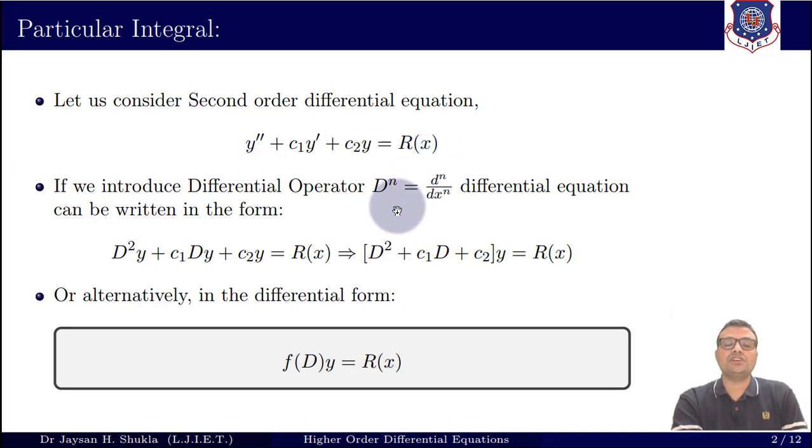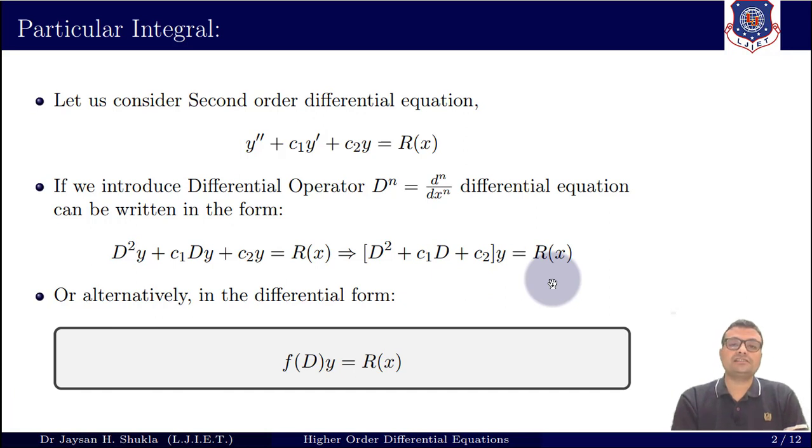If we define the differential operator d by dx as capital D and nth order derivative by power n, then we can find the operator form of this equation as D square y plus c1 D y plus c2 y equals r of x, which can be converted further into D square plus c1 D plus c2 times y equals r of x.